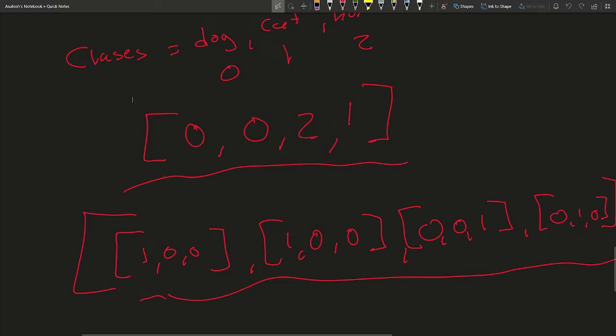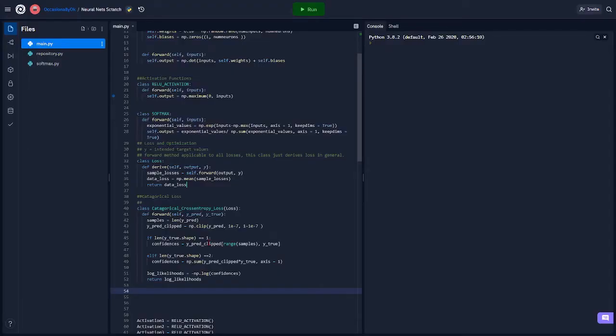So they're different in the way they do things, and in our code we have to deal with them in two different ways. This checks to see if the shape of y true is equal to 1, which means it's a 1D array, and it'll run this line of code to calculate the confidences. Because you're using a 1D array, you have to use a different set of code than calculating using a one-hot vector.